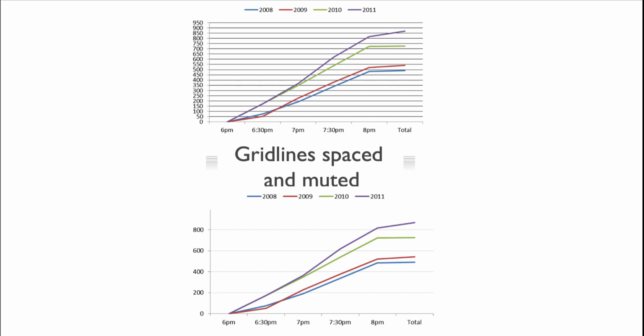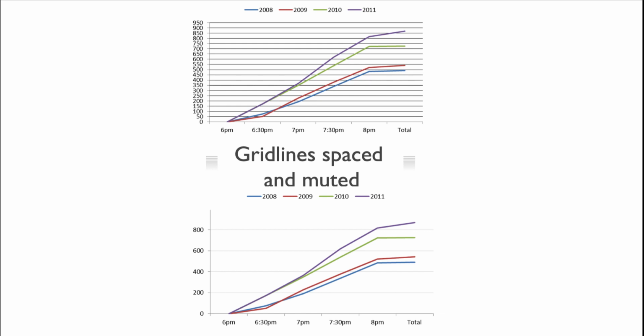Notice how the grid lines get in the way of the visualization, so you cannot really see the trend line that you are trying to emphasize to your audience, to your judges. In the bottom, the grid line is grayed out and wider, incremented by 200, and the same chart is so easy to interpret and to see.